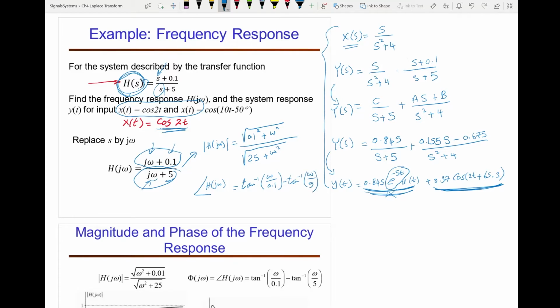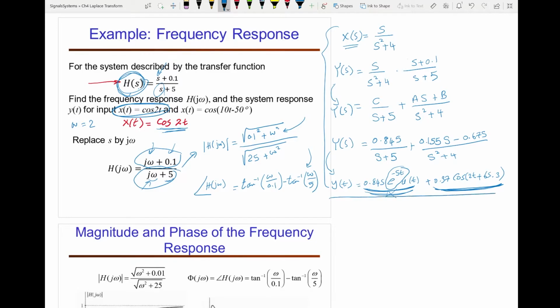I'm halfway done. Now, if I want to know how the system responds to this sinusoidal signal, what is the frequency of this signal? Here, omega equal 2. So all I have to do is plug in omega 2 here and omega 2 here and calculate the magnitude and the phase.